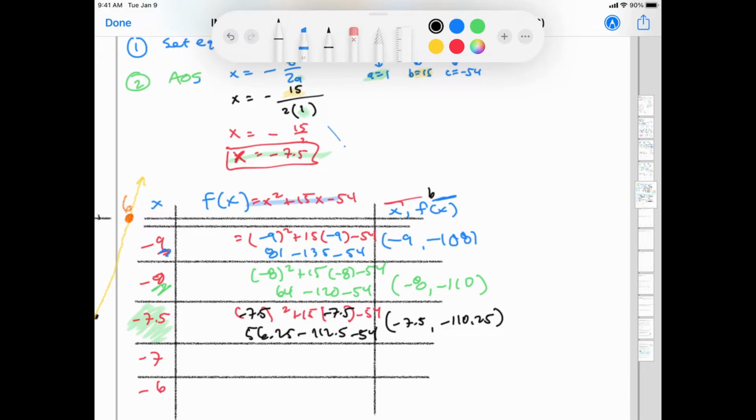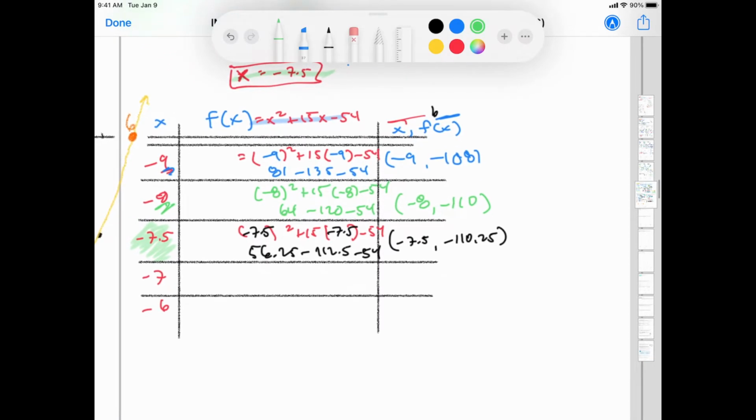All right. And let's try negative 7. Let's put in our values. Negative 7. So I got 49, 7 times 15, negative 105, minus 54. Negative 110. So negative 7 comma negative 110. Oops, that should have been green, huh?